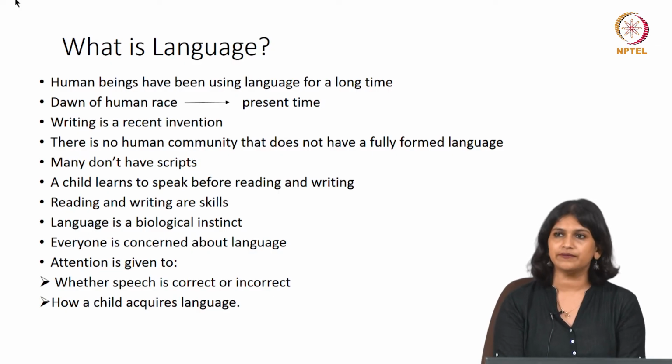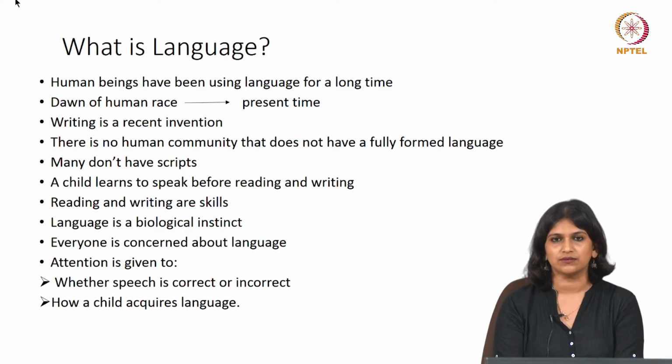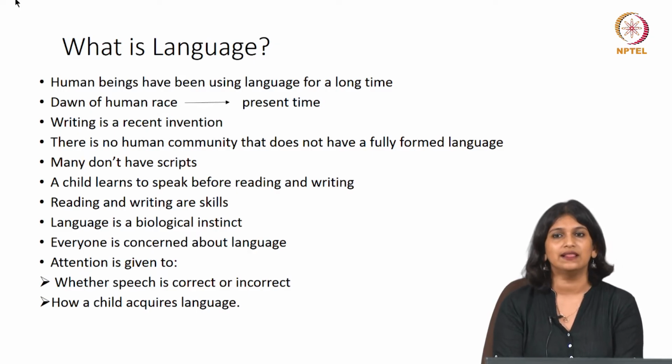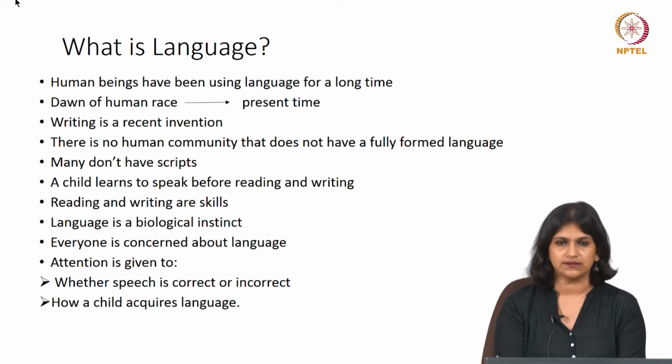And if you think about how children acquire language, what language acquisition is as a process, if you just look back and think about it, you realize that a child learns reading and writing much later, once you start going to school and are exposed to this whole world of books, notebooks, and the writing system, pen and pencil.